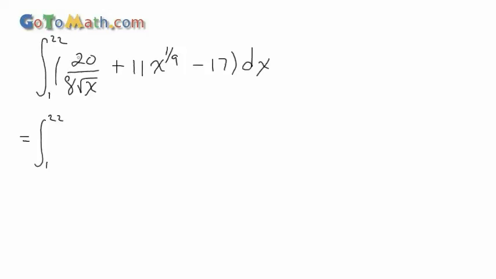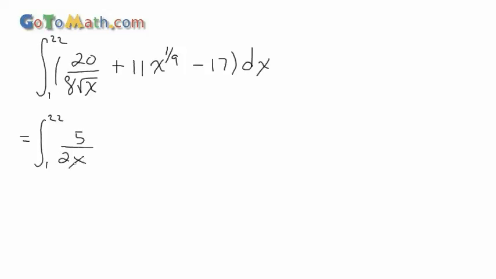The GCD is 4. 4 goes into 8, 2. 4 goes into 20, 5 times. So we get 5 halves.